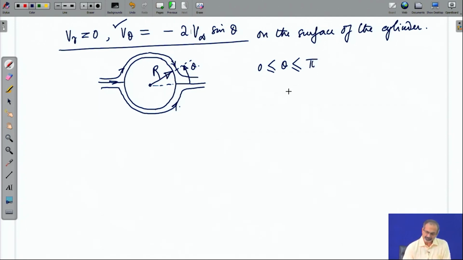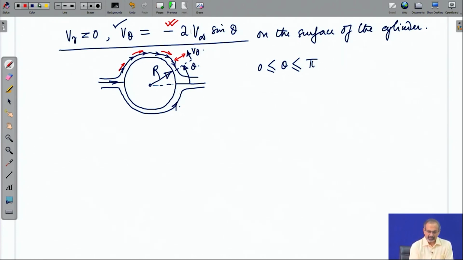In this region sin theta is positive, and therefore the V theta, which is considered to be positive in this direction, will just take the opposite direction, because as you can see the direction indicated by the streamlines is just opposite to this. These are opposing directions. So, the negative sign basically creates the direction this way, which is consistent with the streamline indication.